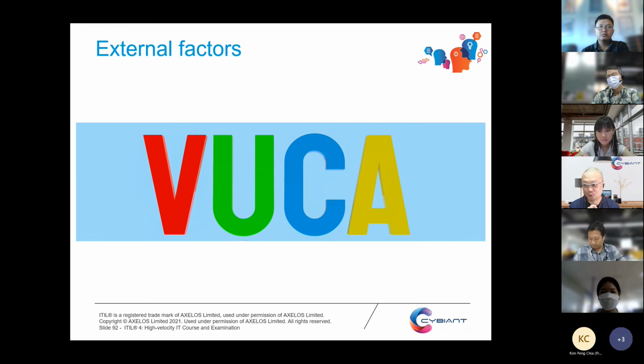Does anybody remember the definition of VUCA? This one should be easy. Volatility, uncertainty, complexity, ambiguity. That is the general definition. Yesterday, I did offer a different one. You guys still remember? Vision, what else? Understanding. C?